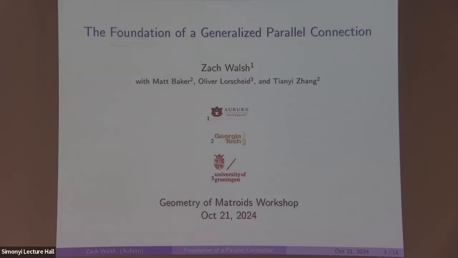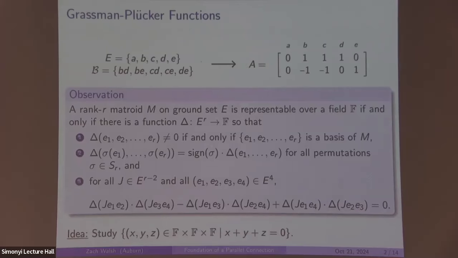So the foundation of a matroid encodes its representations over fields and more general objects called pastures. To start with, I just want to give a maybe slightly different perspective on matroid representations. Here's the traditional perspective.